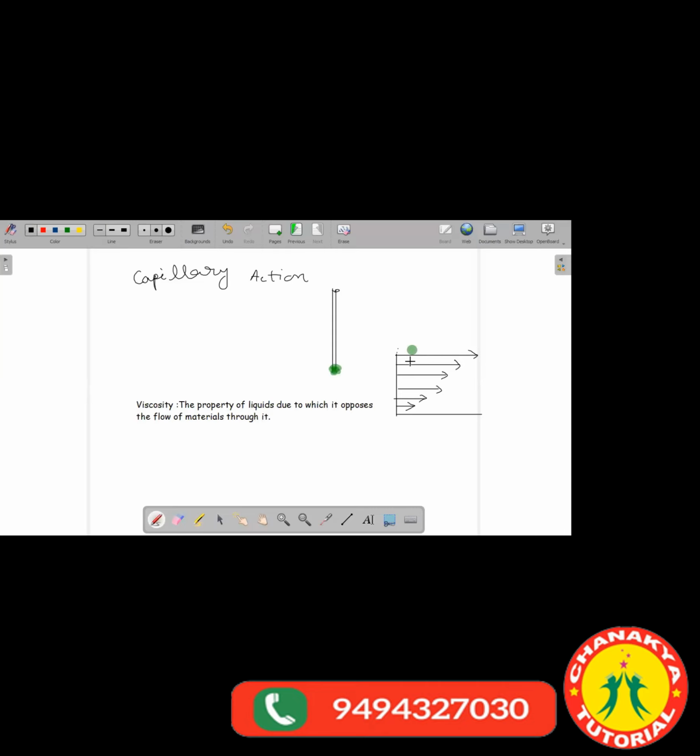The upper layer will move down along with it. As the ball moves down, each layer will be formed, the layers will get accumulated, and hence they will oppose the motion of the ball. Okay. So this is again due to the property of viscosity. When the substance is highly viscous, it will offer more dragging force as compared with low viscous substances.